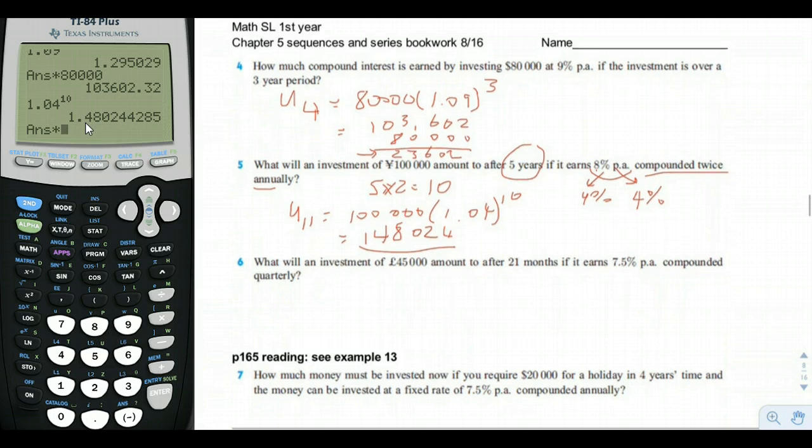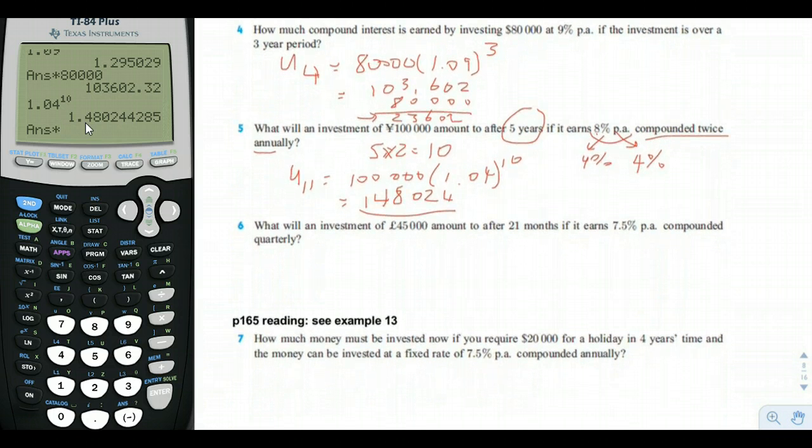Compounded twice annually. What will an investment of 45,000 amount to after 21 months if it earns 7.5% per annum compounded quarterly? Okay, this is getting pretty tricky. Compounded quarterly means that we need to divide the per annum interest rate by 4. So we take 7.5, we divide it by 4, and we get 1.875%.